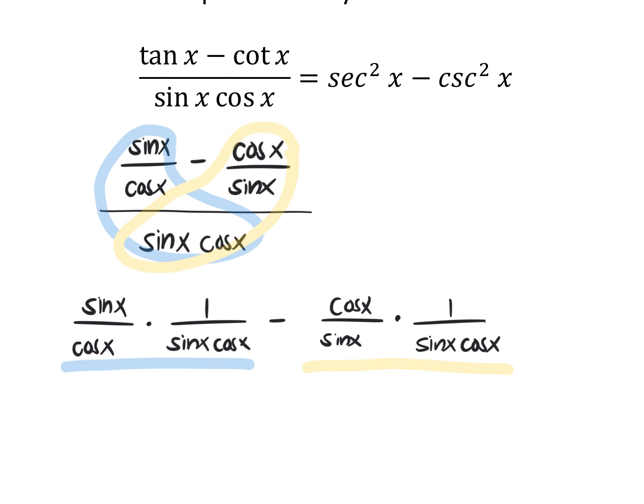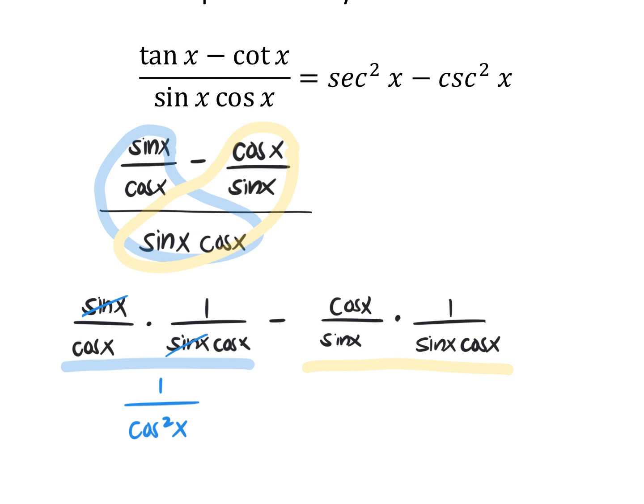So I look at that multiplication in between that subtraction there. On the left-hand side, the blue side over there, what am I going to be able to get rid of? Sine of x. That goes away. And I'm just left with 1 over cosine squared of x.